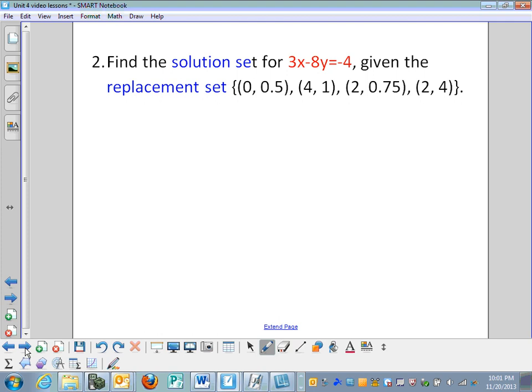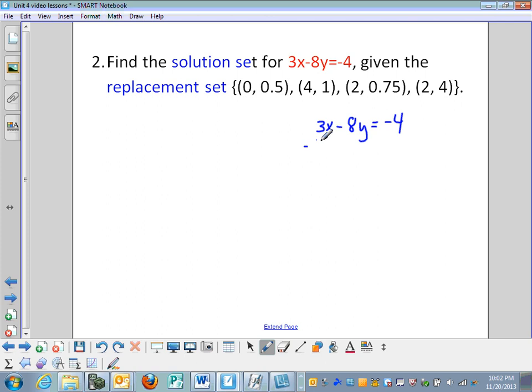Find the solution set for 3x minus 8y equals negative 4, given the replacement set (0, 0.5), (4, 1), (2, 0.75), (2, 4). So we need to first solve for y here. 3x minus 8y equals negative 4.